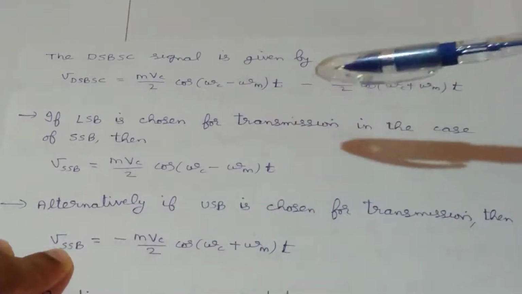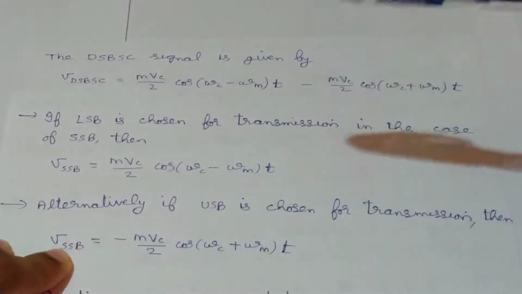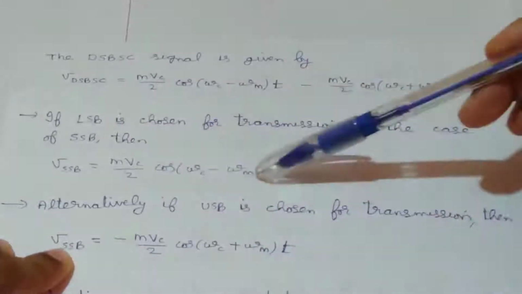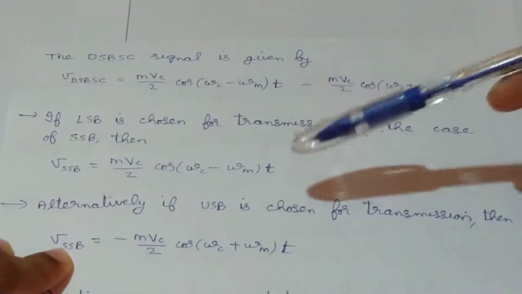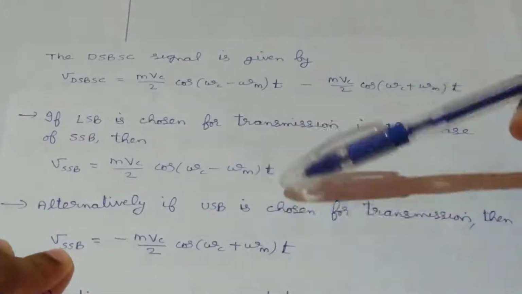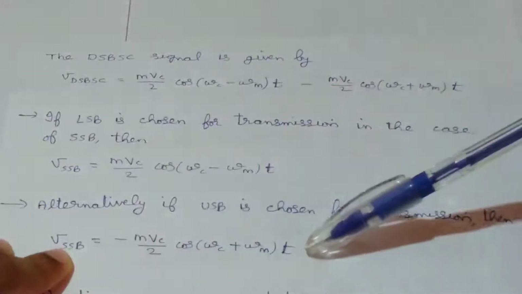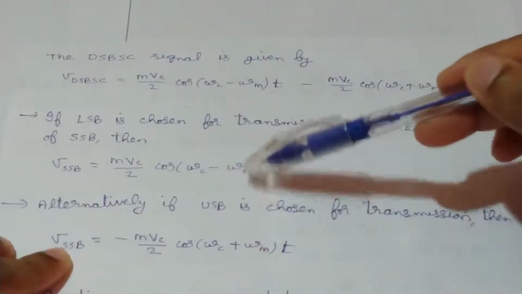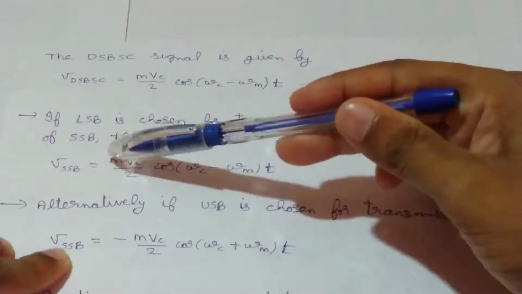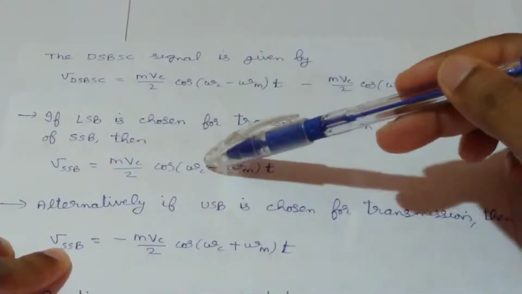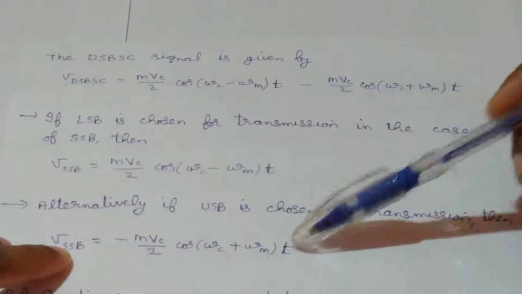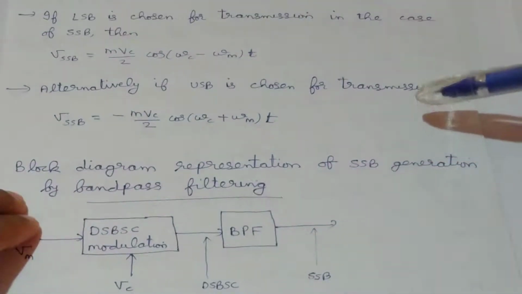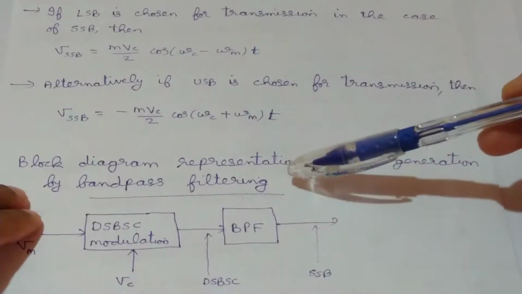If we choose the lower sideband, we transmit this signal, and if we choose the upper sideband, we transmit this signal. When we consider these single sideband signals, we can see that the carrier component and one of the sidebands is suppressed. Now let's consider the block diagram representation of single sideband generation by band pass filtering.